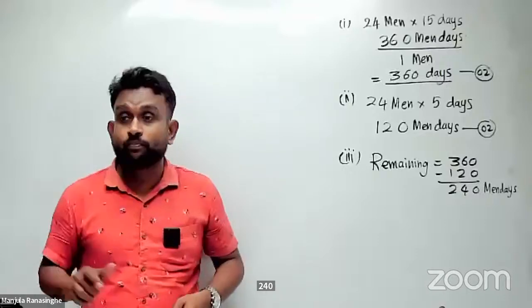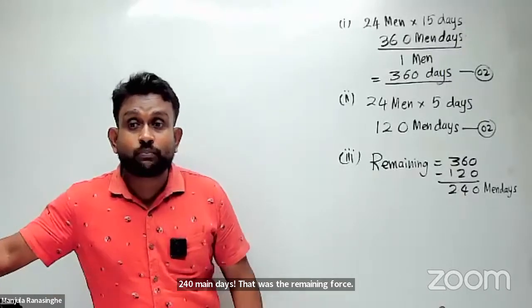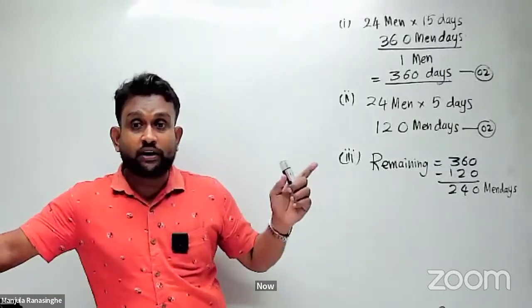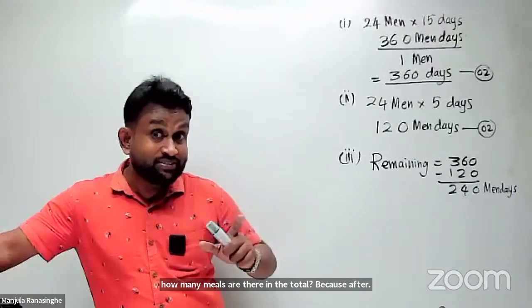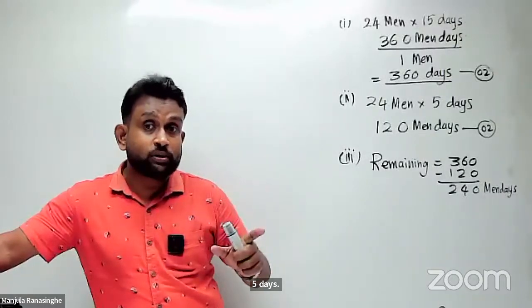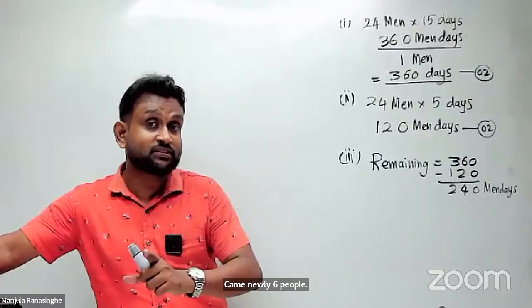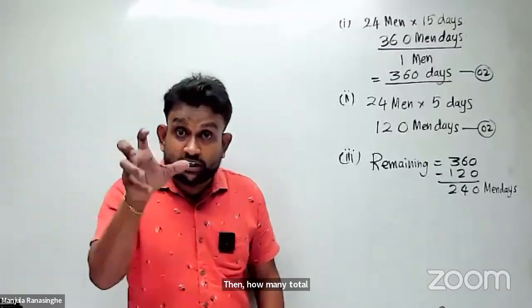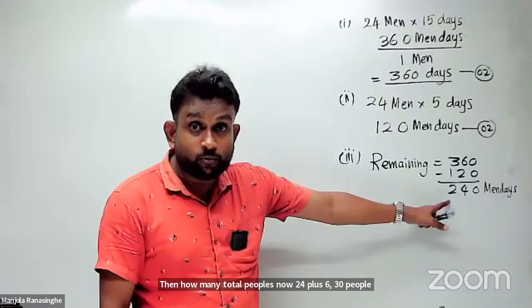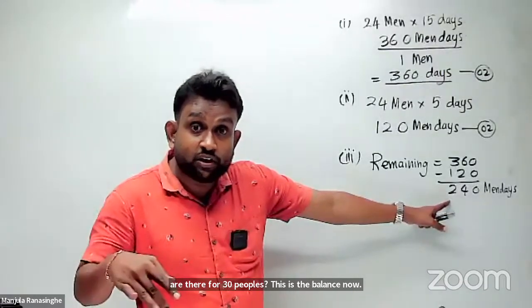Now how many men are there in total? Because after 5 days, 6 new people came. Then how many total people now? 24 plus 6, 30 people are there. For 30 people, this is the balance now, man-days. So how about the days requirement?